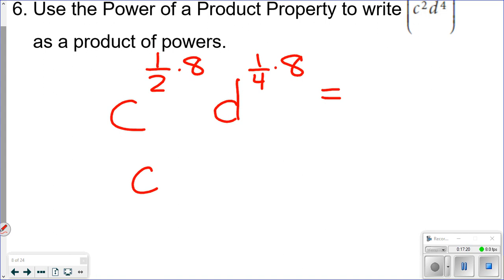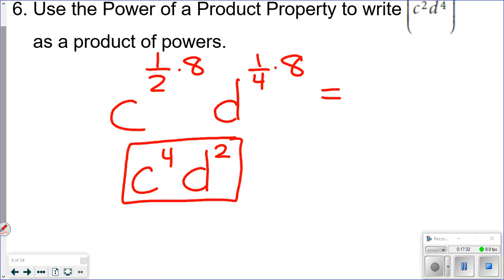So 8 divided by 2 is 4. Eight divided by 4 is 2. So c to the 4th power, d squared.